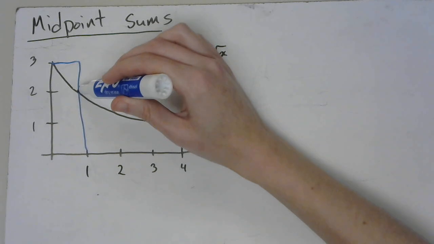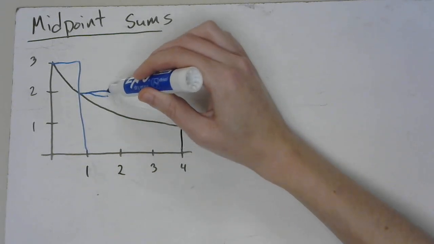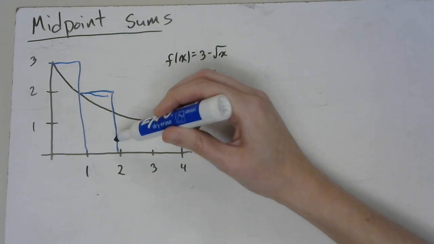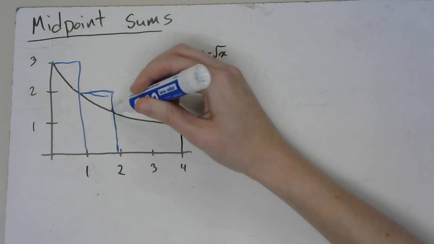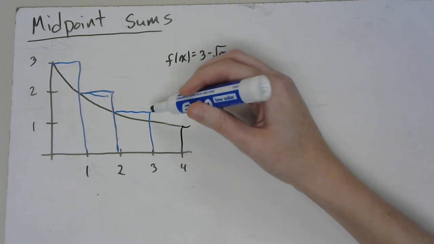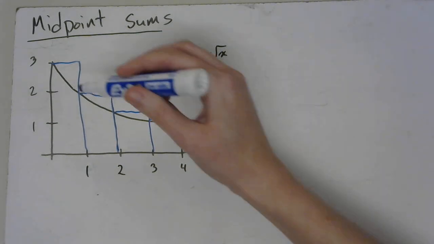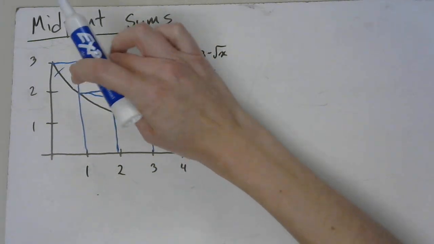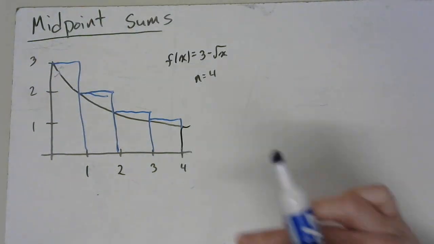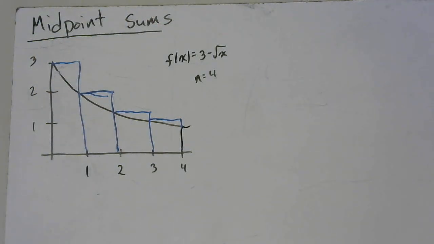For my next subinterval, trace up to where my graph hits at my left endpoint, trace over and down. Do that for all 4 of my subintervals, and then find the area of each of these rectangles, add them all together, multiply by the width of all the rectangles, and that gets me my approximation, my Riemann sum.